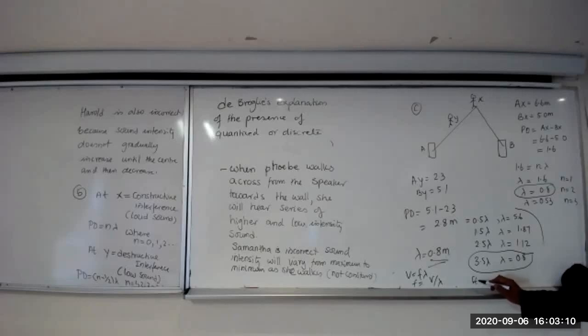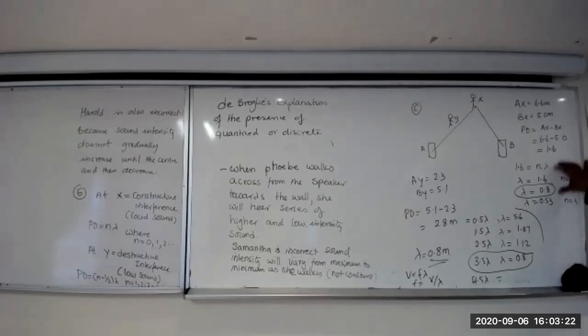If you go to 4.5, it's getting smaller and smaller. That's the first larger one. All right, that's a trick. So you need to do constructive, all the conditions, destructive, all the conditions, look at the matching wavelength, and then find the frequency.